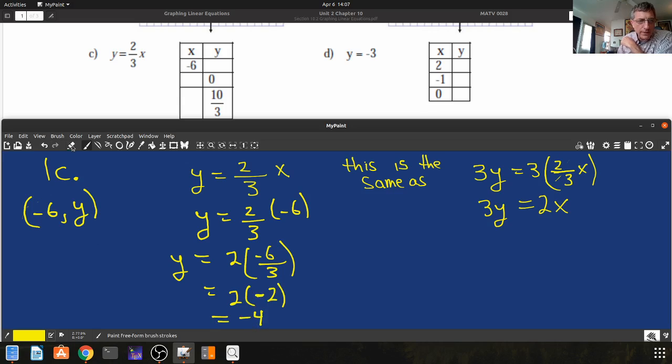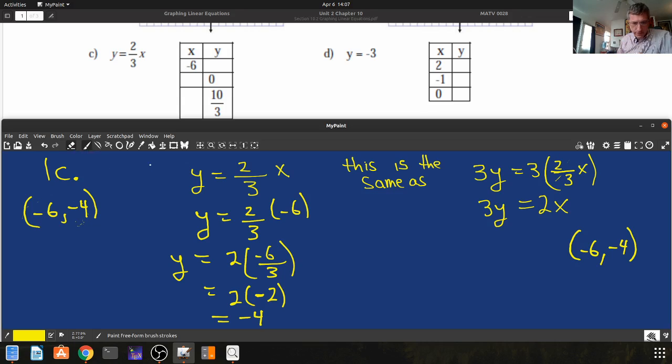So y, in this case, turns out to be minus 4. So I found one ordered pair solution, minus 6, minus 4. So I'll write these over here. Minus 6 and minus 4 is one ordered pair solution in the very, very large solution set of this equation.